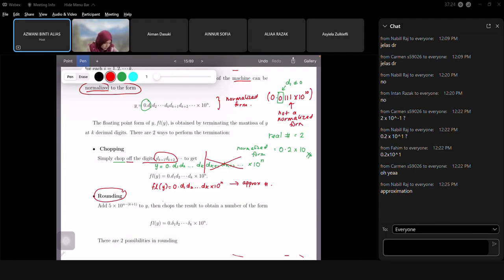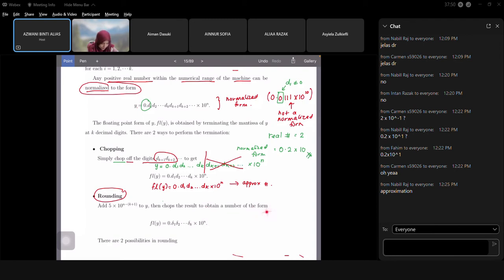The add 5 darab 10 kuasa n minus k plus 1. This is the general form lah. Nanti kita tengok contoh lagi mudah. To y. Alright. Then chop the result to obtain the number in the form.